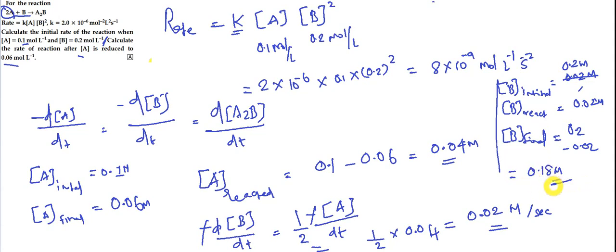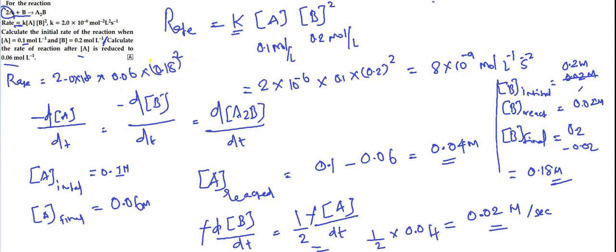So let us substitute the B final in the rate equation. Right? So when A is reduced to 0.06, let us substitute in this equation. That is, rate is equal to the rate constant. What is the rate constant? 2.0 into 10 to the power of minus 6, into what is A here? 0.06, into 0.18 square.